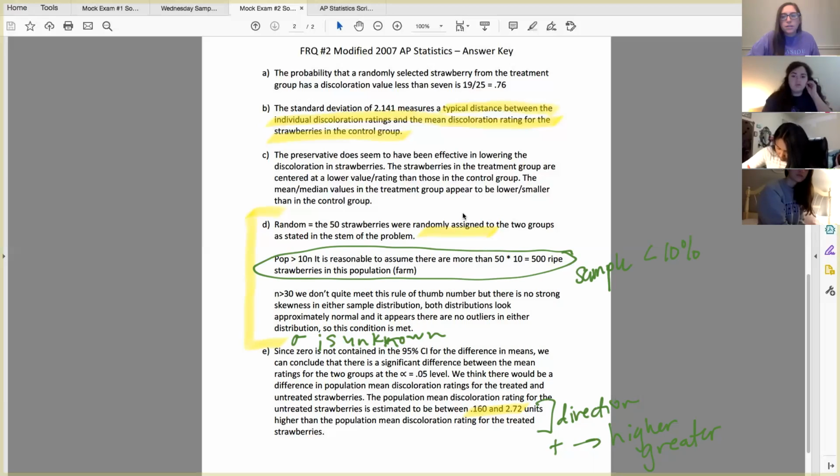I think you needed to mention the graph not having outliers or skewness, because whenever we graph stuff for means, we always look for, is it approximately symmetrical, and it doesn't have any outliers. So you mentioned the graph, but you didn't fully, that probably would have just been a partial. But you need to mention the graph and describe why the graph is good, even though we don't have the sample size.